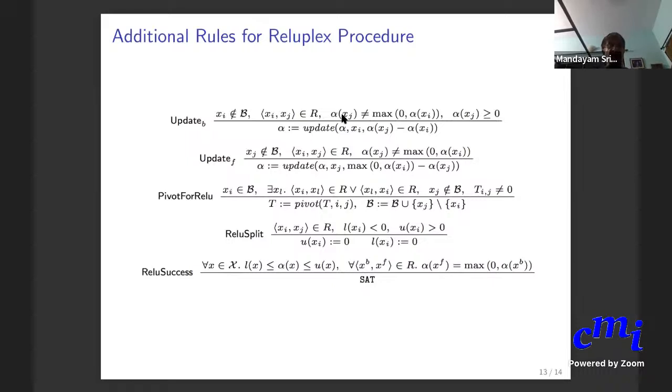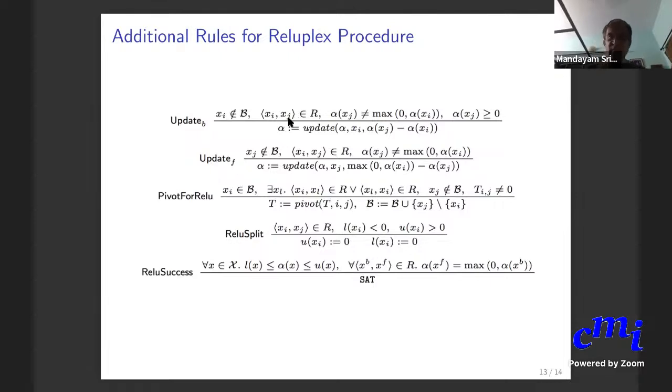Okay, so here are the additional rules. This ReluPlex has all the original set of simplex rules that I showed, the update and pivot. Additionally, it has two update rules, one for updating the backward node in a ReLU pair, and one for updating the forward node in a ReLU pair.